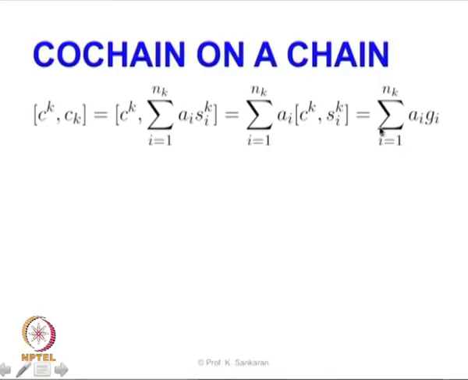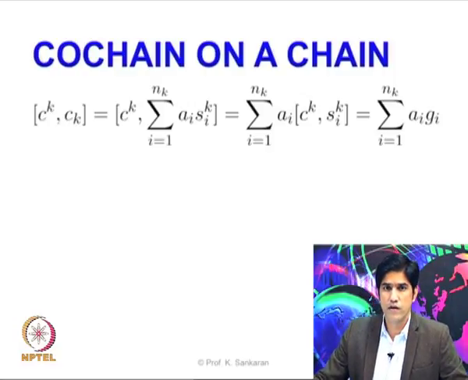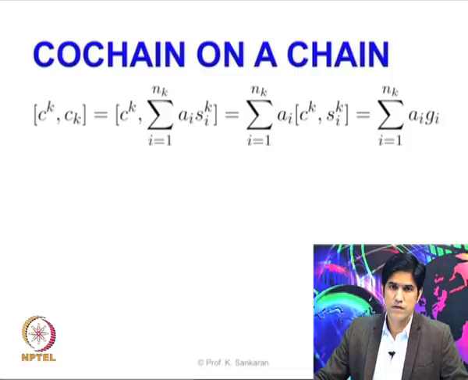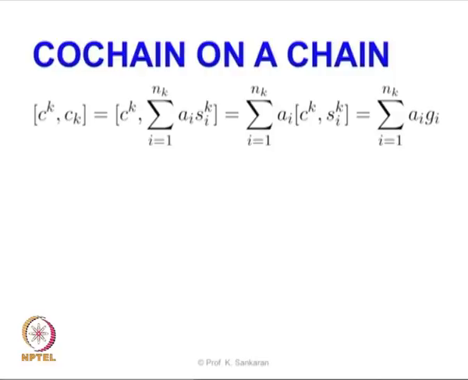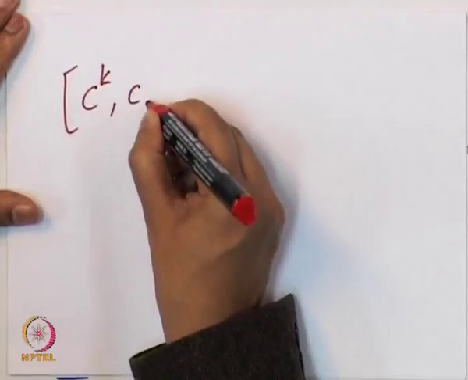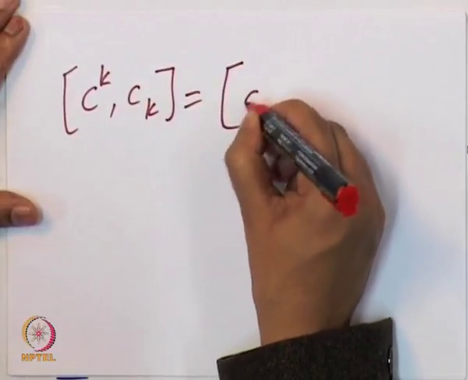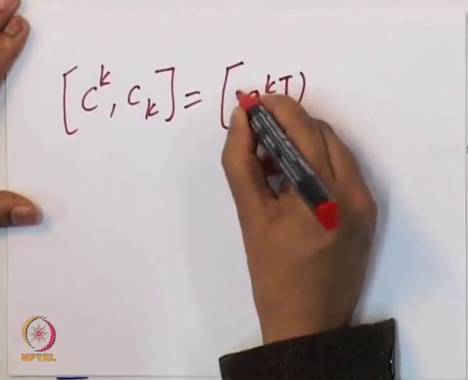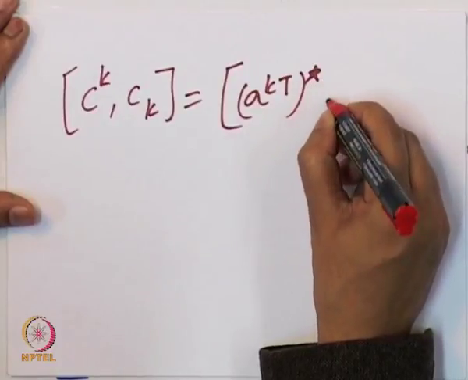So now we know that the value of the cochain can be directly obtained from the value of the boundary operator. In other words, the value of C^k defined on the chain can be written as A_k^T, the conjugate, the adjoint of that.